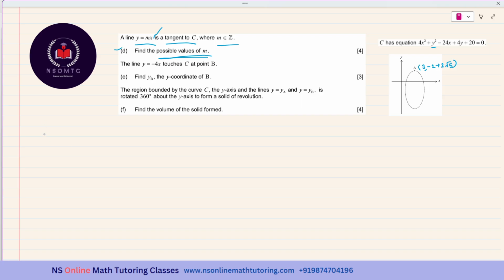Okay. So, 4x squared plus m squared x squared minus 24x plus 4 times mx plus 20 equal to 0, since y equal to mx.